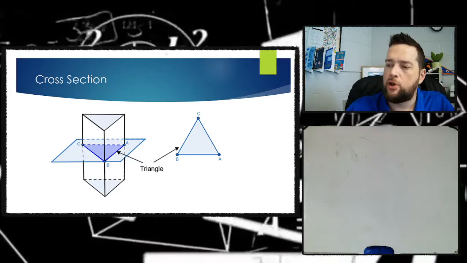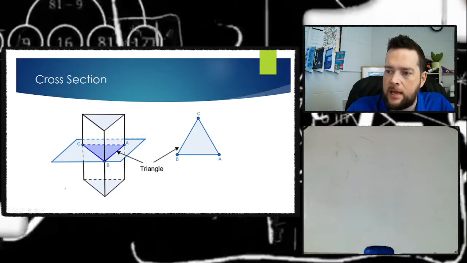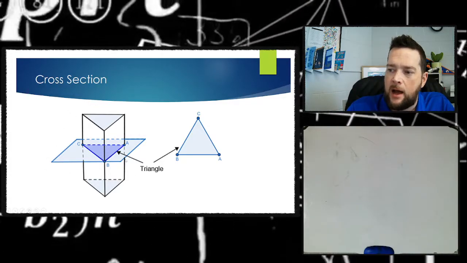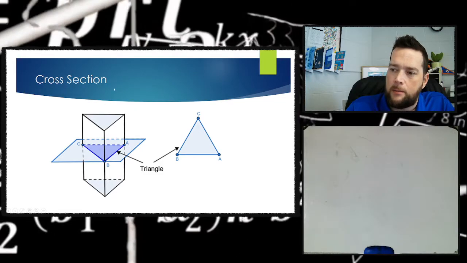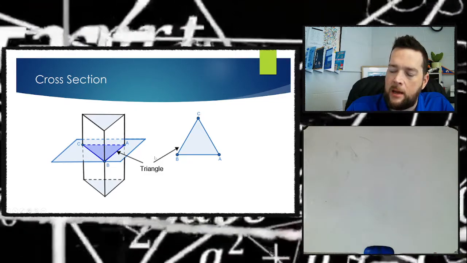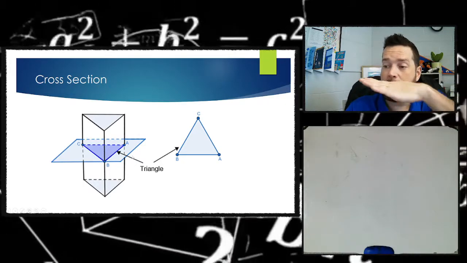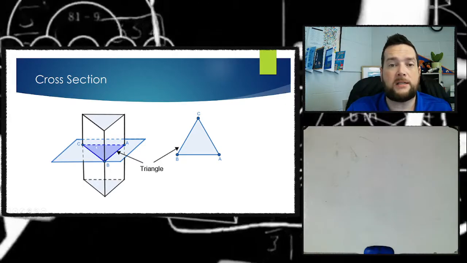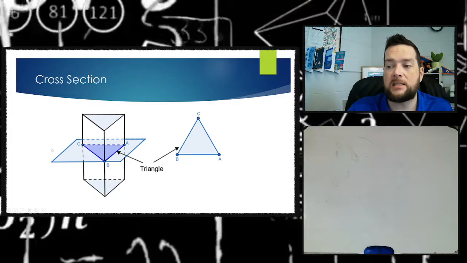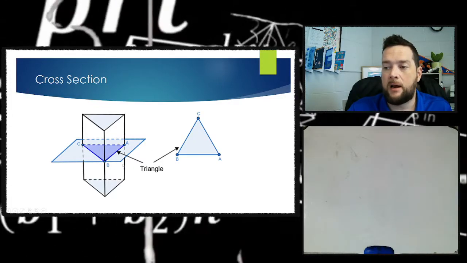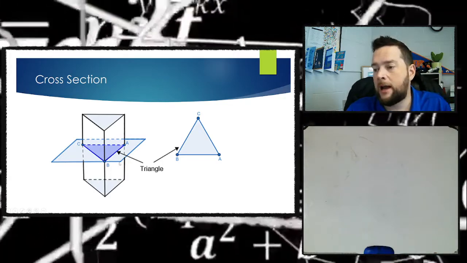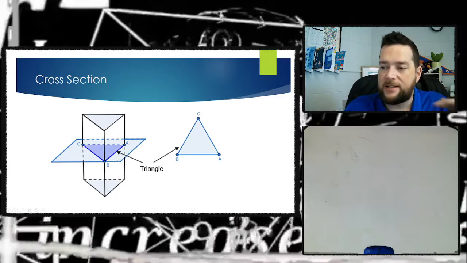All right, so you've got this figure right here, this image, and you see that this prism has a plane that's intersecting it. All right, so it's making a cross section right here. You're seeing it's being sliced right here by this straight plane, the straight line or flat surface.